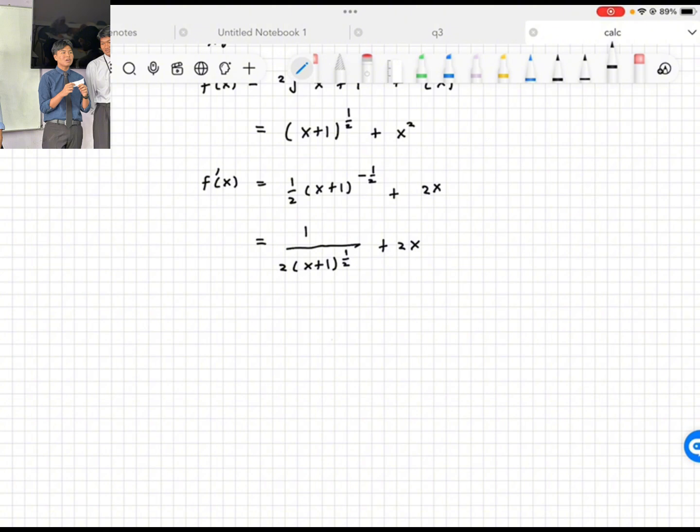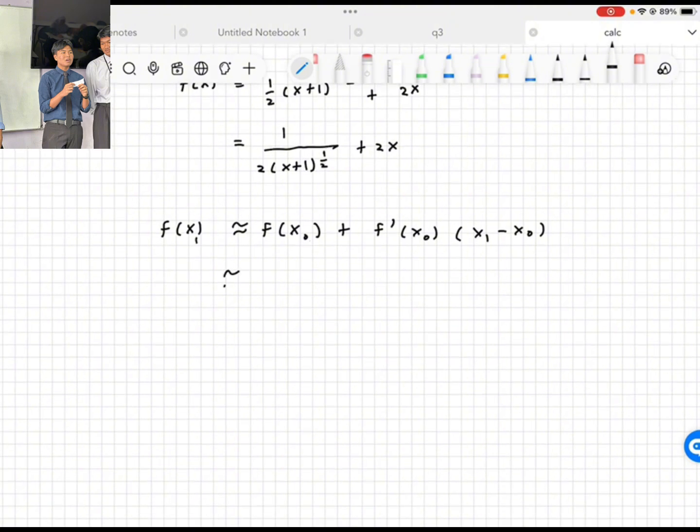And then we need to put it into our formula. Our formula is f(x1) equal to f(x0) plus f prime times (x1 minus x0).